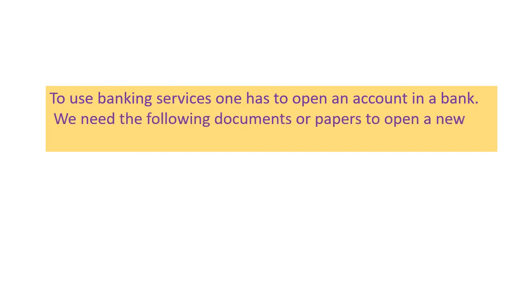So we need the following documents or papers to open a new bank account. Some important documents are required. आपको 18 years होना जरूरी है to open an account in your name. Minor accounts are available. So in order to open an account in the bank, you need certain proof of residence where you are staying. Address, I would say.